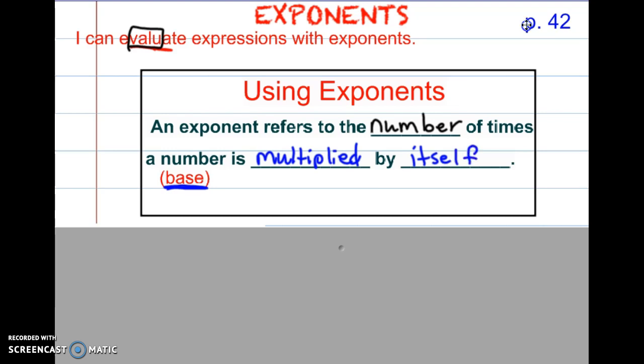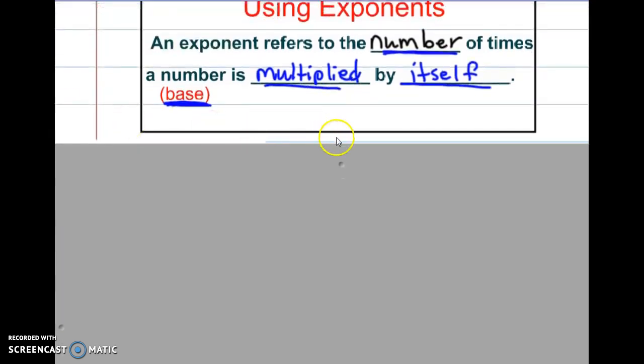In a few moments, when you watch your Edpuzzle, you're going to hear a song that will help you remember that an exponent refers to the number of times a base is multiplied by itself, not by the exponent, but by itself. Make sure that you have filled in your notes and that you are pausing this video as we go through it as needed.